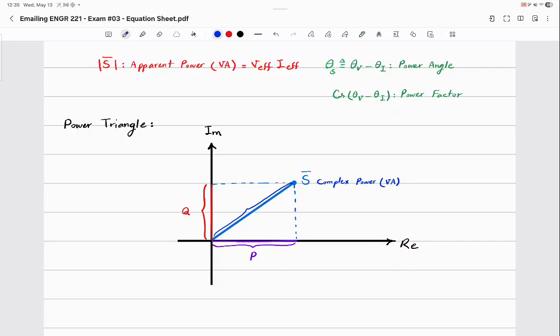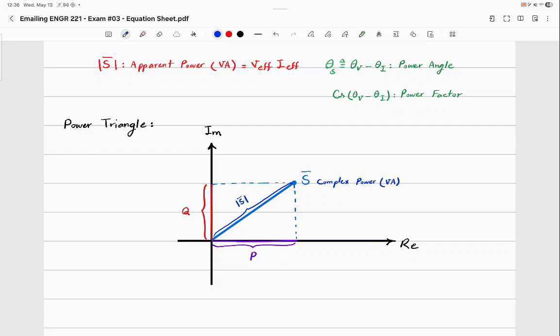Apparent power. Okay? Remember, very important question. What is the difference between complex power and apparent power? Apparent power is just the magnitude of complex power. Complex power is a complex number, so it has both the magnitude and the angle. But apparent power is just the magnitude.